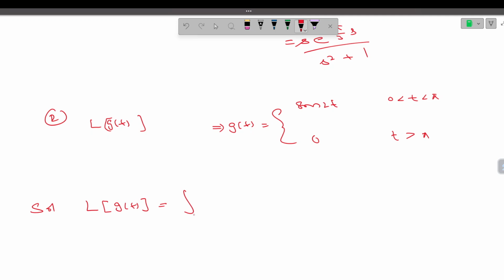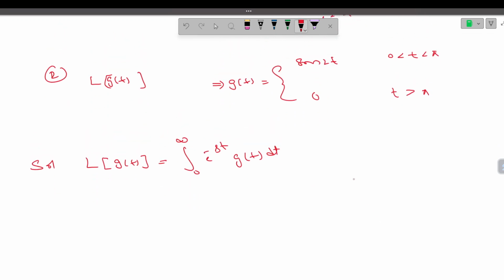What is the Laplace transformation of g(t)? It is the integral from 0 to infinity of e to the power of minus st g(t) dt. Now how is our function going? The total function is from 0 to infinity, but at pi there is a break. The function is breaking at pi.